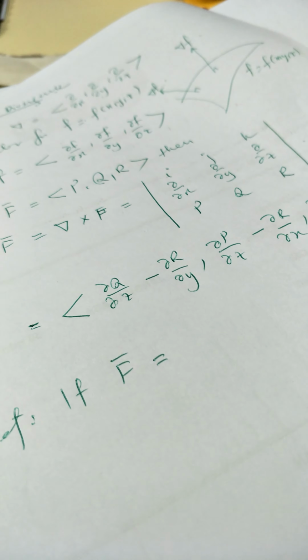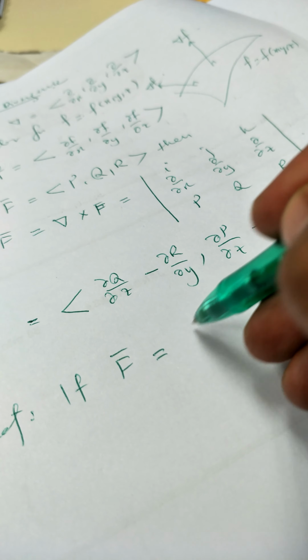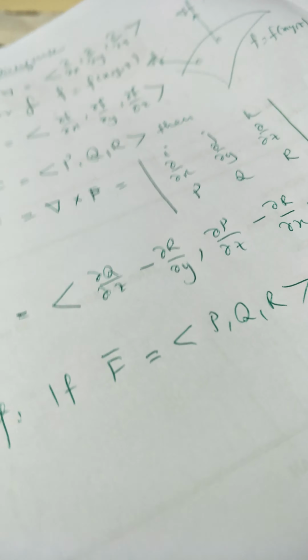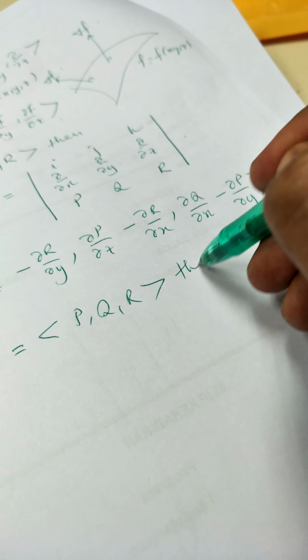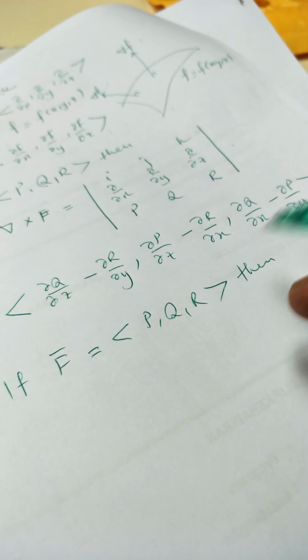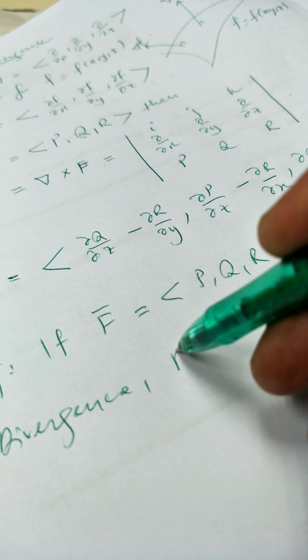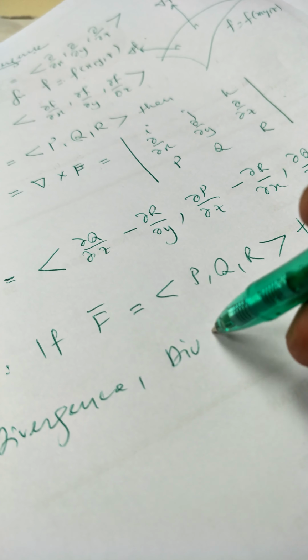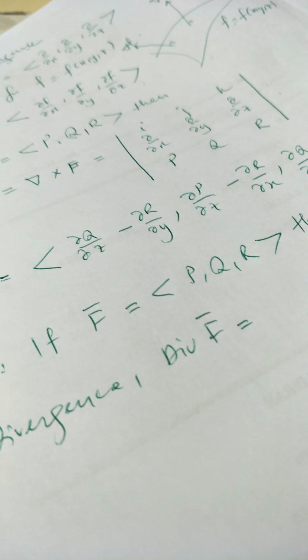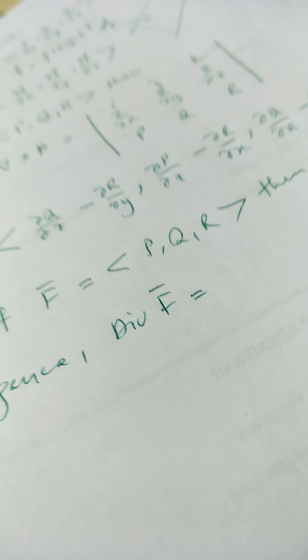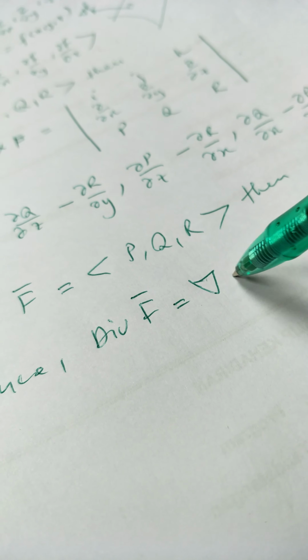Yeah, P, Q, R must be differentiable. So let f with P, Q, R, then we define the divergence, denoted as div of f, given as del dot f.